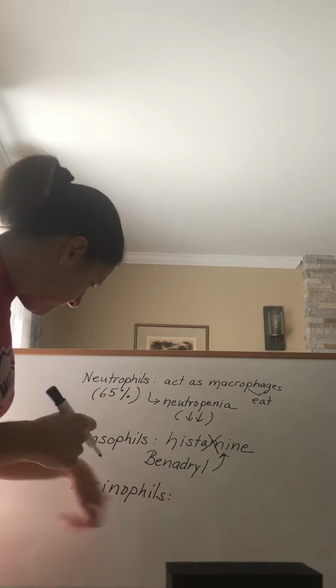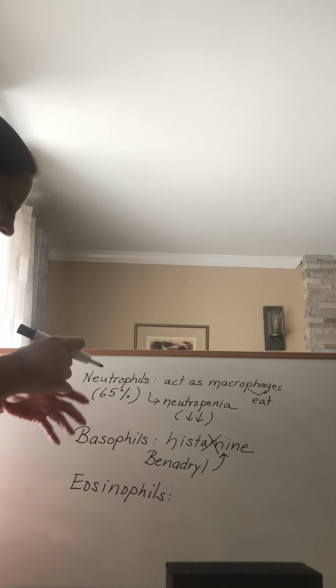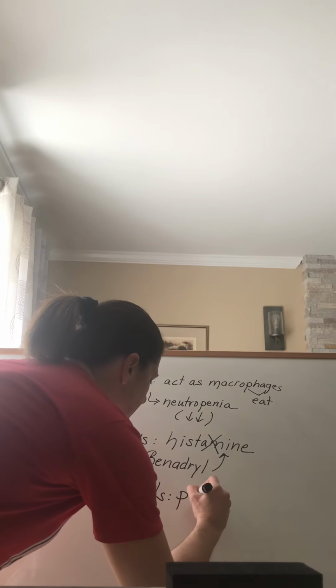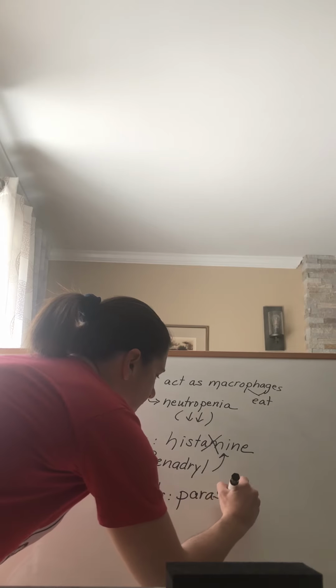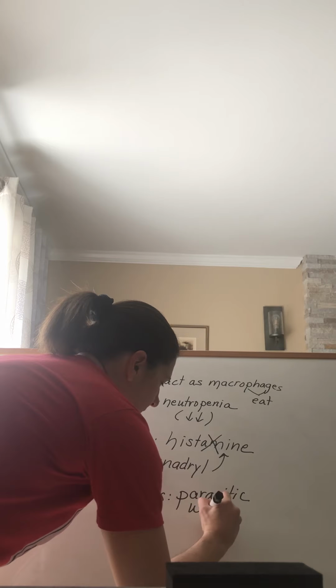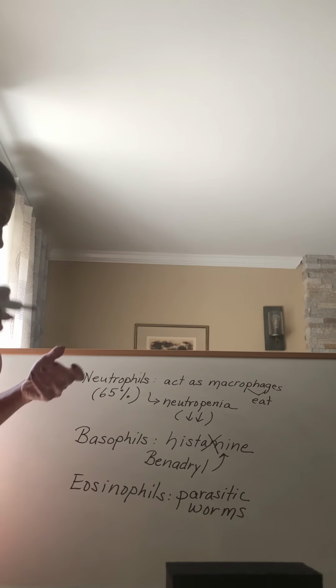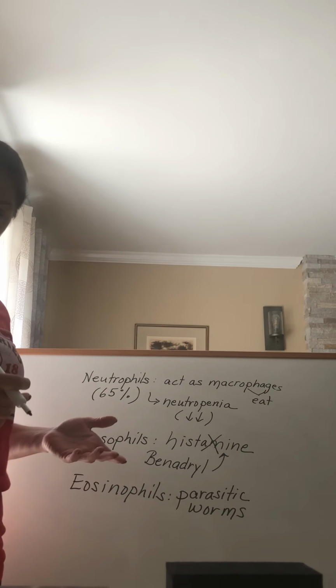Eosinophils, those granules specifically, release chemicals that will kill parasitic worms. And you think, that's odd. We have a whole class of white blood cells that is simply designed to kill parasitic worms.